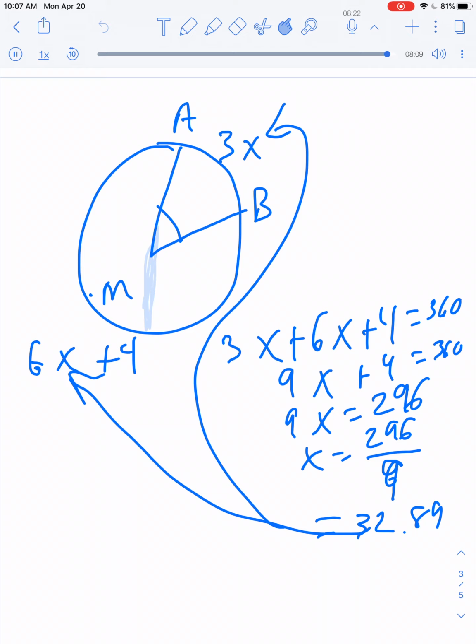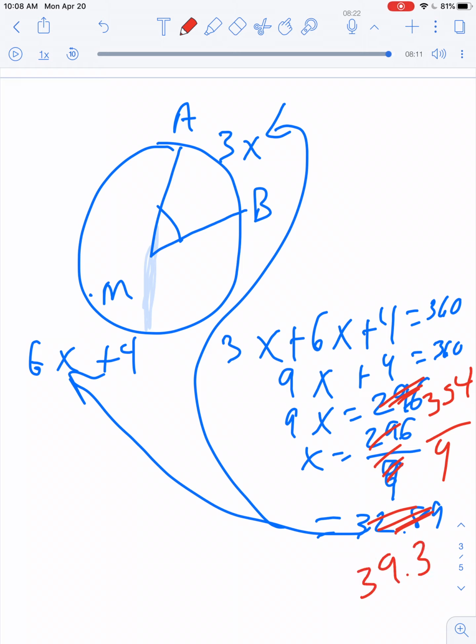Just remember the whole circle has to add up to 360, and that if you have a diameter, that's by default 180.